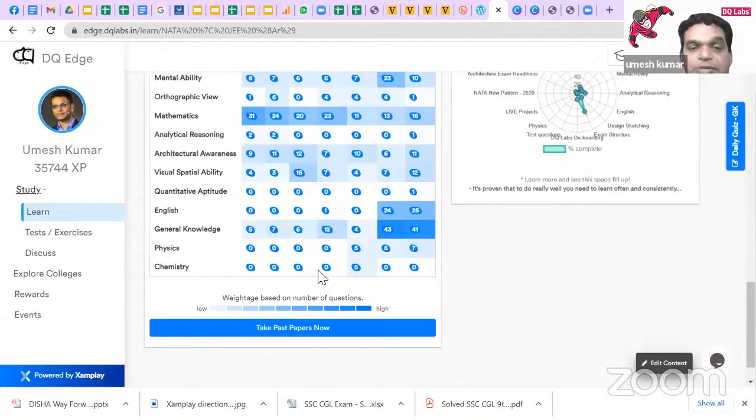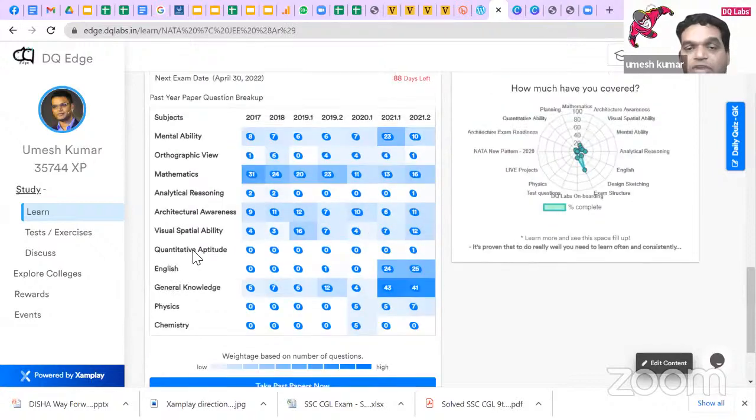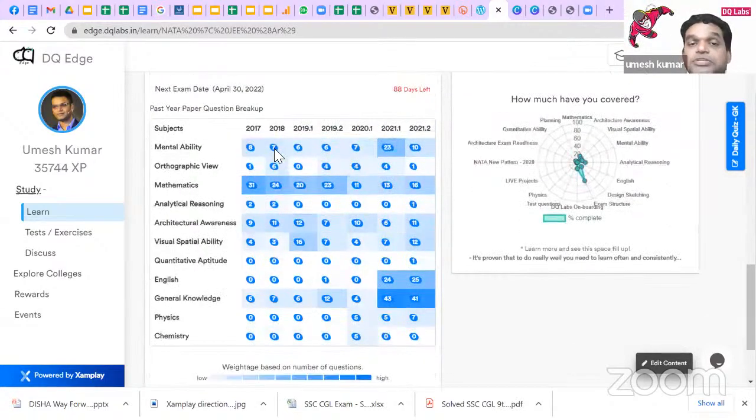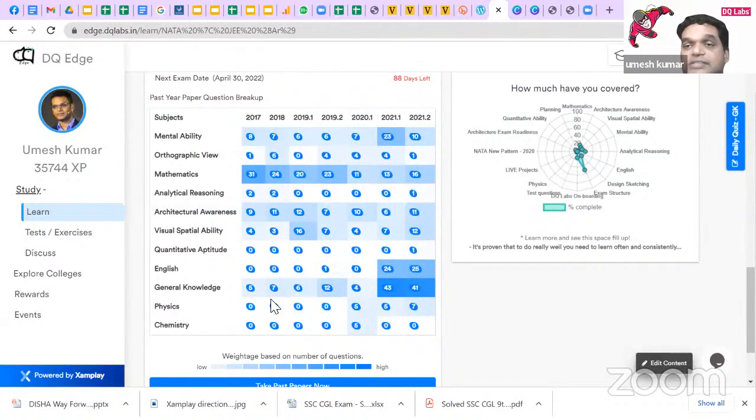And then physics and chemistry, they have introduced physics and chemistry in the year 2020. And as you can see, they have been continuing asking some physics questions, but chemistry questions, they completely stopped, right? So this is a way to understand what kind of topics they're giving.